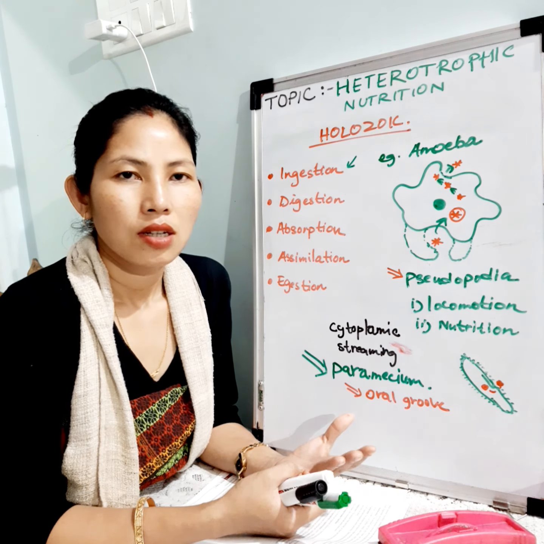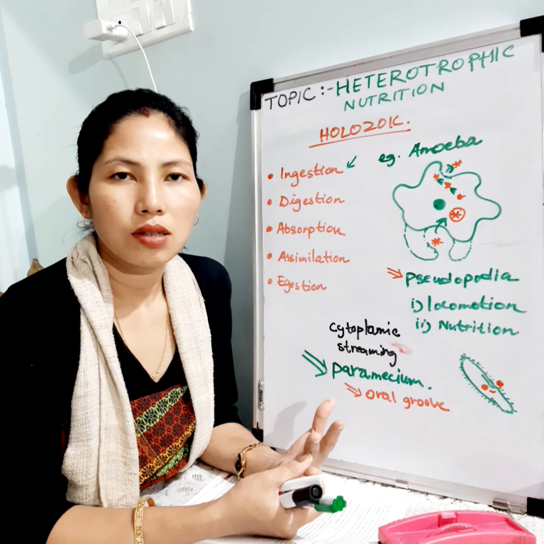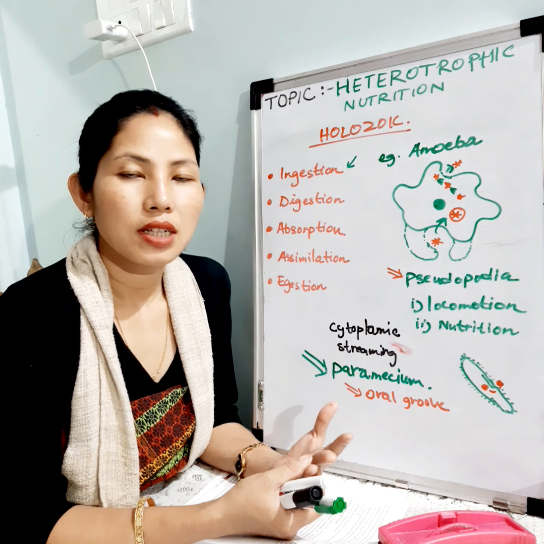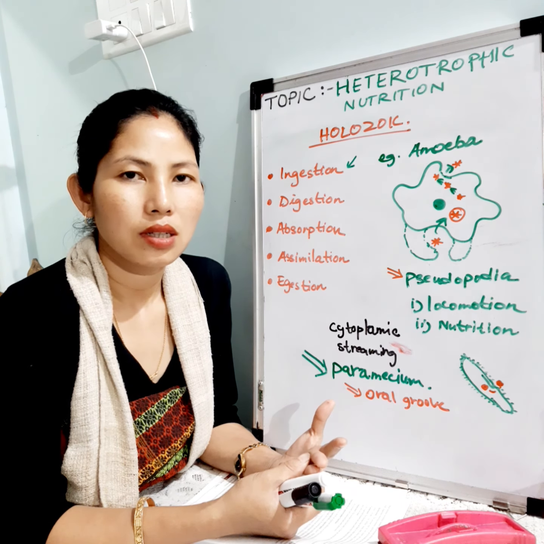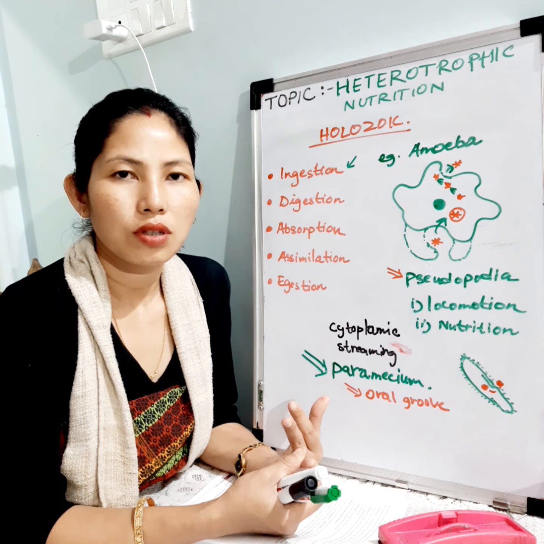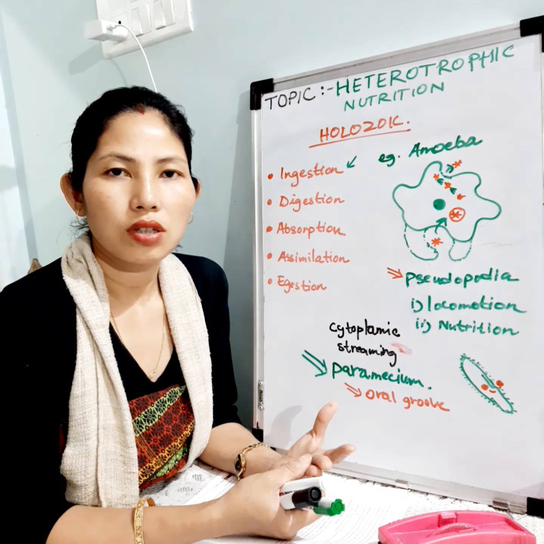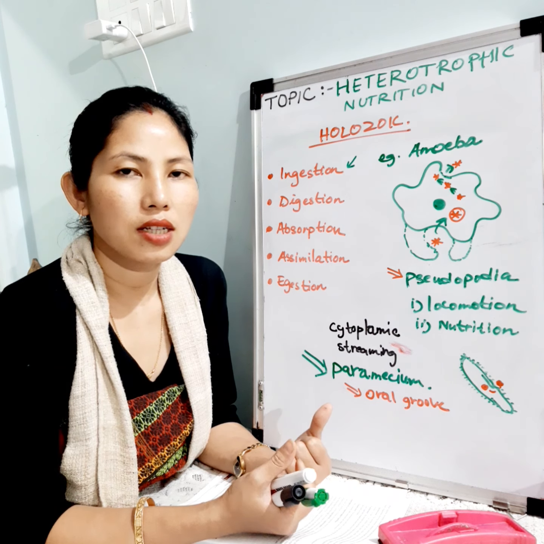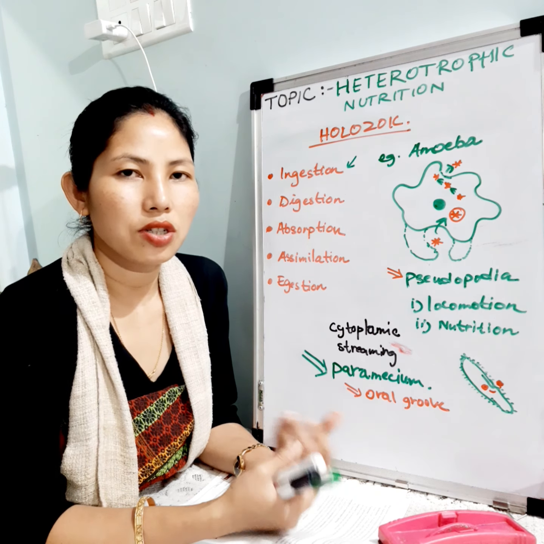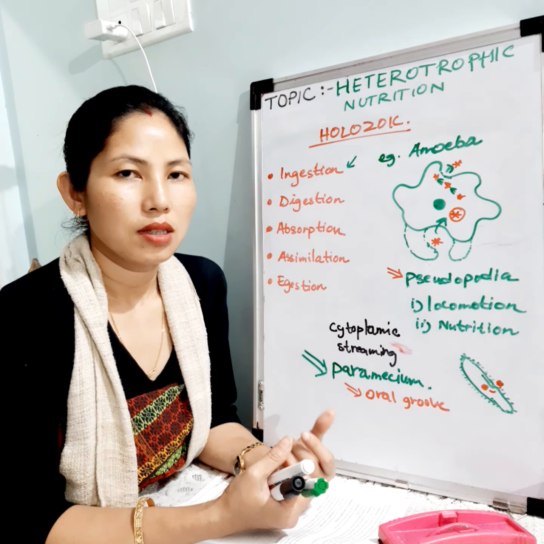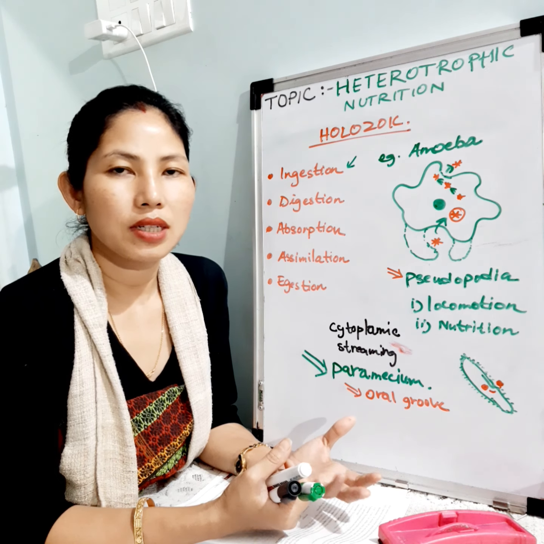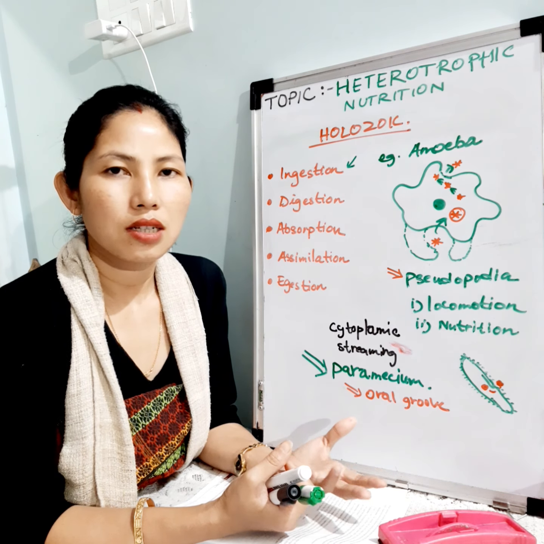In case of parasitic nutrition, already digested food is absorbed. And then the holozoic nutrition, where the food is taken inside the body and the process of digestion occurs inside the cell, or maybe a little different for higher multicellular organisms.